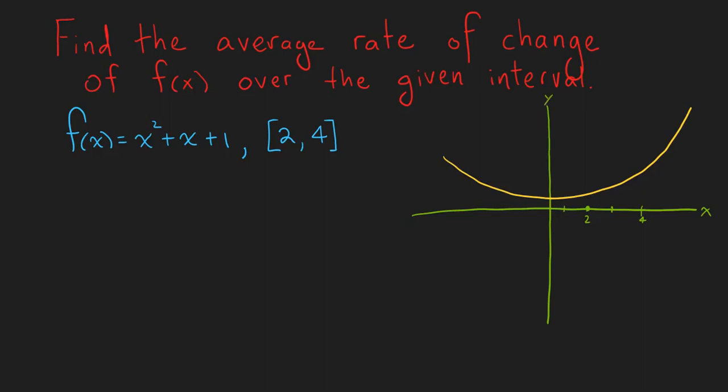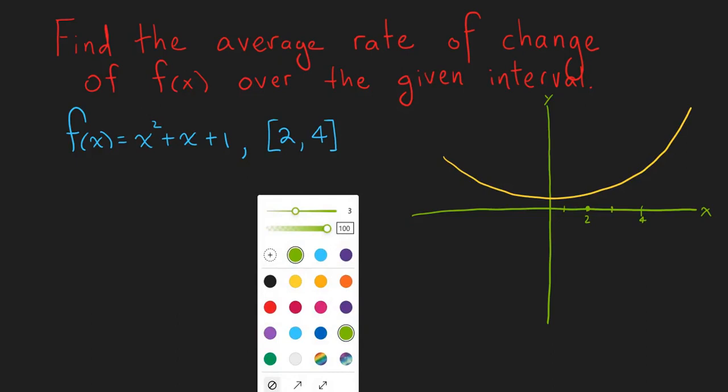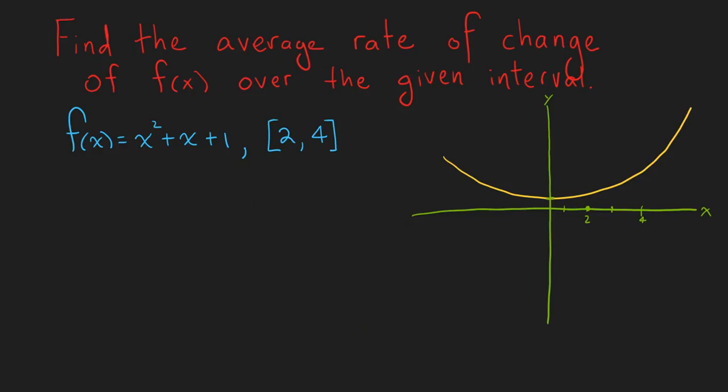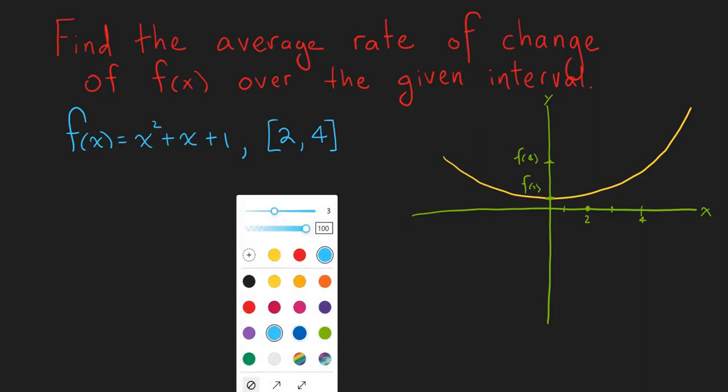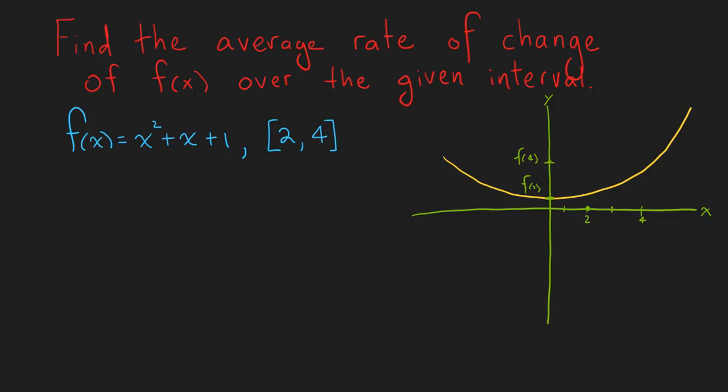And what we're going to do is we're going to say, okay, well, if this is 2, then this point will be f of 2, and this point up here will be f of 4. So now we will draw the secant line through these 2 points. This is the point 2, comma, f of 2, and then this point is 4, comma, f of 4.